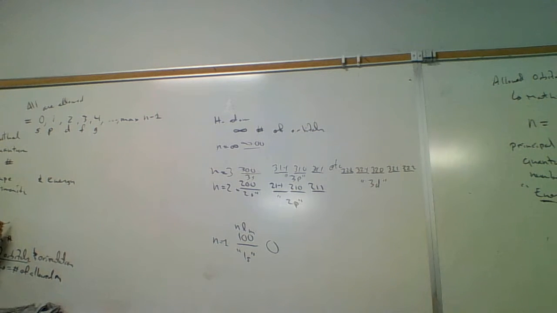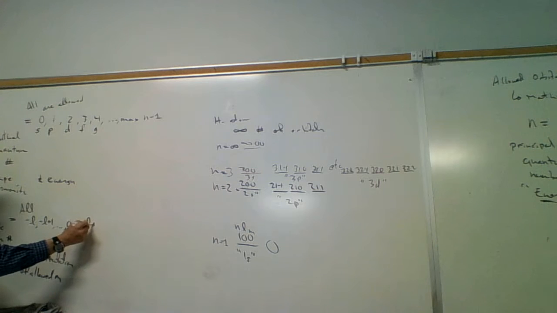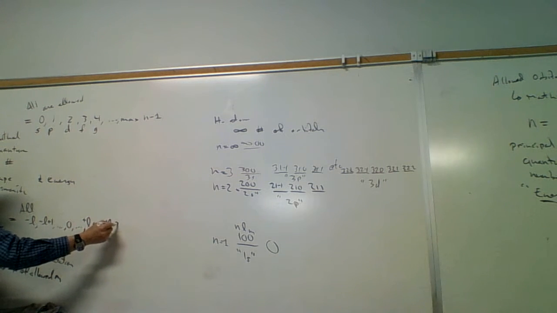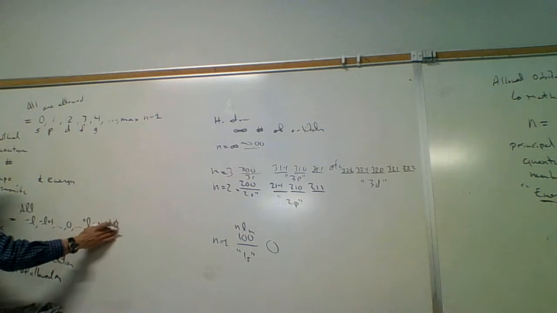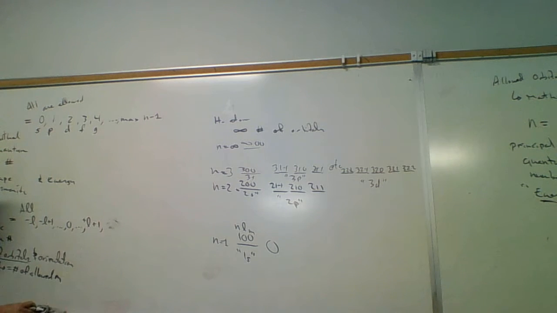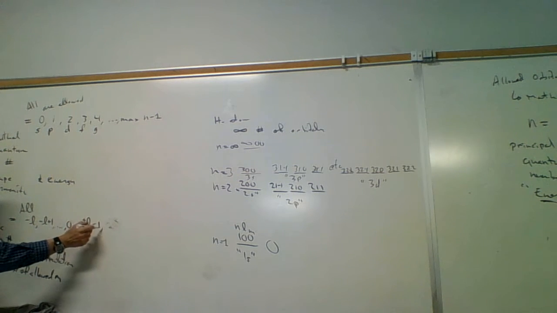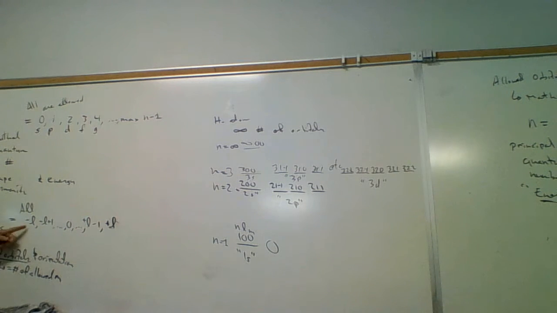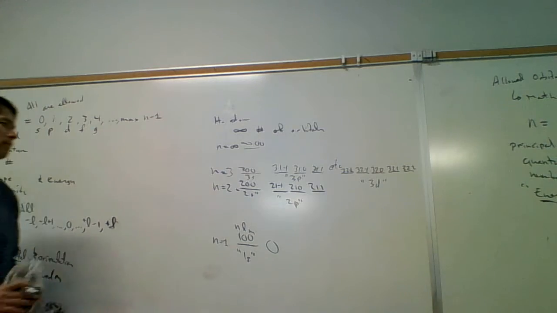And so what are allowed? What's allowed are all values from minus L to minus L plus 1, through 0, through plus L minus 1 to plus L. And so, in other words, we're going from all values from minus L to plus L.